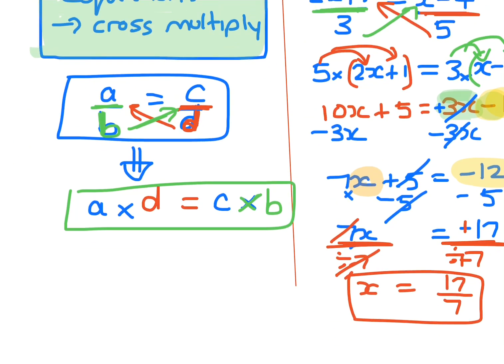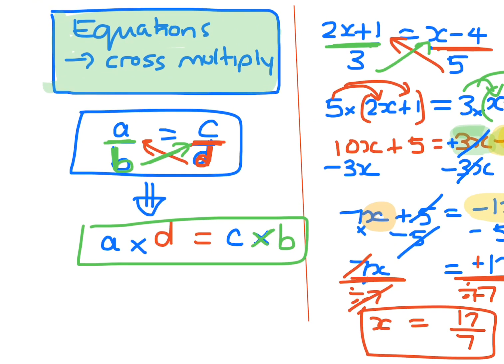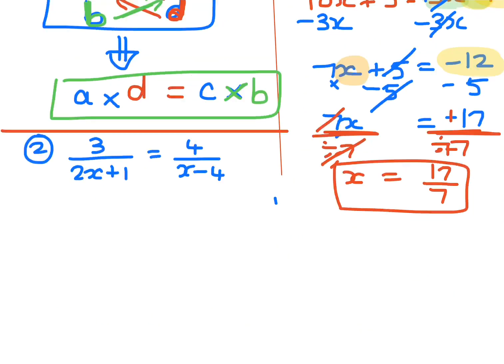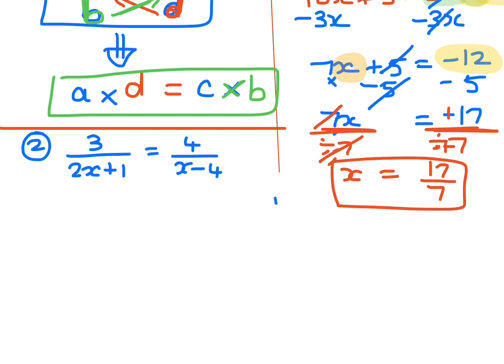Okay, so I'm just going to look at one more example like this, but I'm going to show you that if I put the x's on the bottom, you can still use the same system. If you're looking at this question here, we're going to do the same thing. We need a bracket around that one, and we need a bracket around that one.